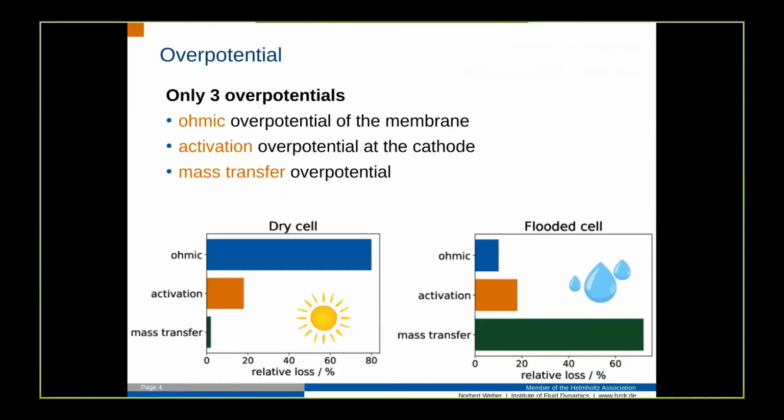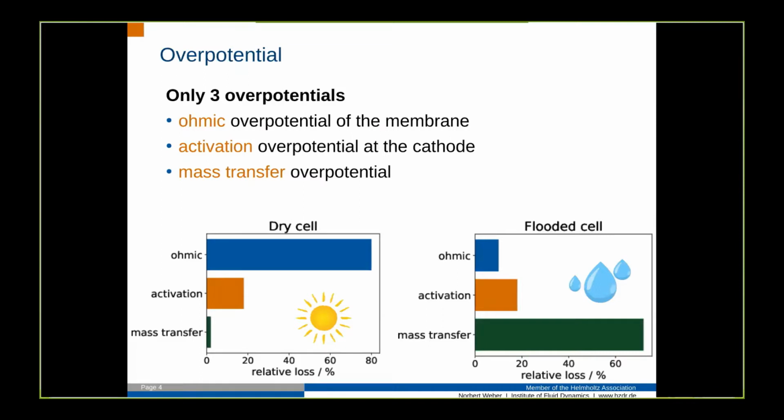Basically, we have 3 different overpotentials which might appear. The first one is the ohmic overpotential, for example in the electrolyte layer, but this also includes contact resistances between different layers. The second important thing is activation.